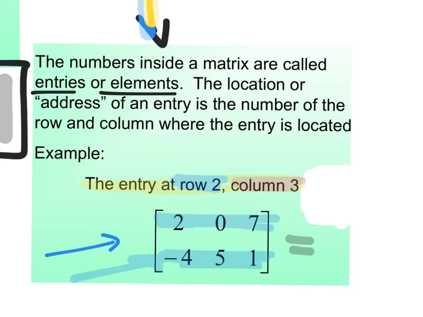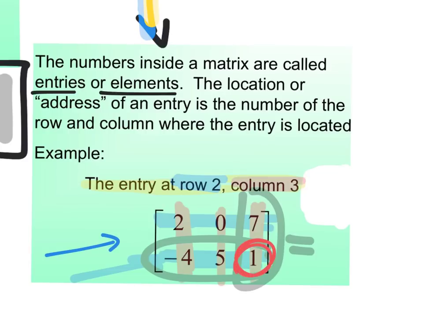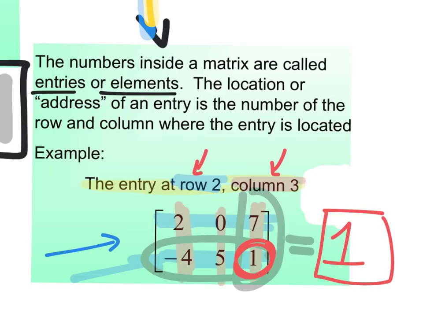Third column, well, we have the first, second, third column. So the second row, third column value is the number 1. This is how we point out one of the values inside of the matrix. It always goes the number of rows followed by the number of columns.